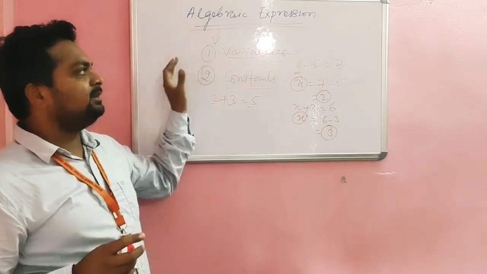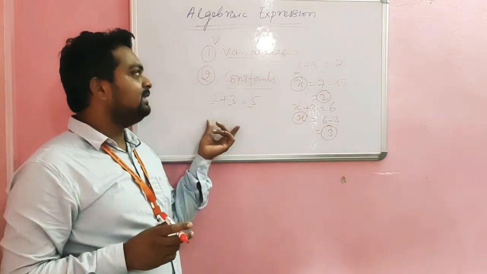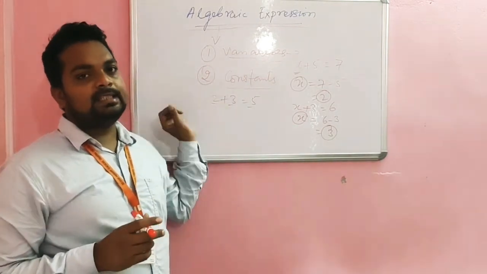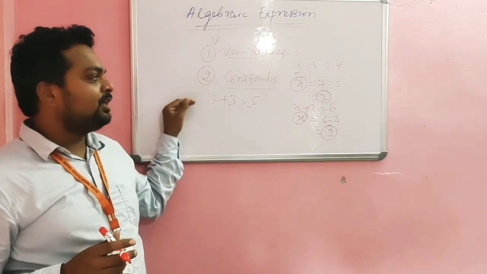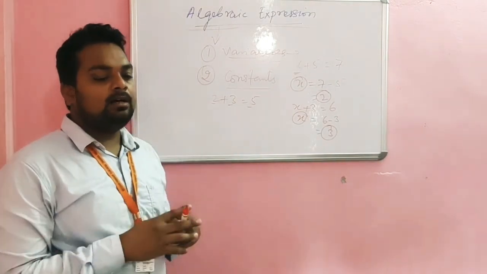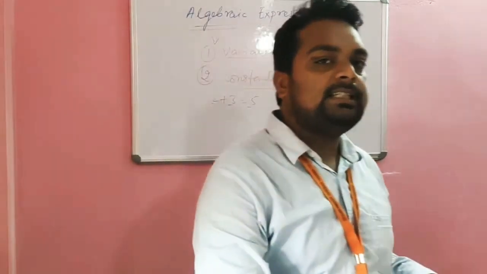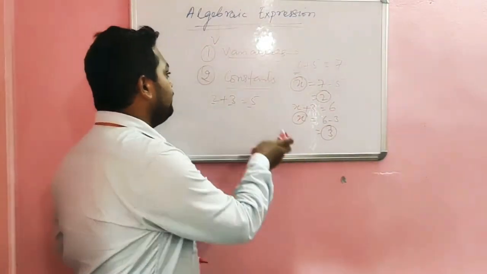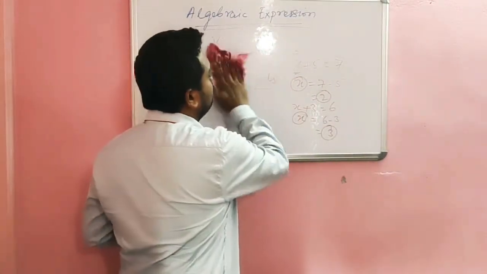So algebraic expressions are those mathematical expressions that consist of these two things, that is variables and constants. Okay, so hope you all understand what is an algebraic expression, and now we will take some examples.